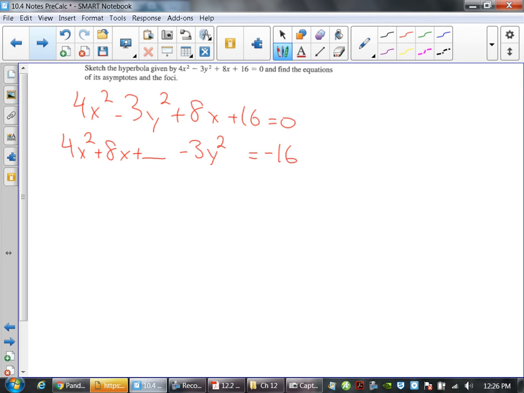There's a 4. So what do I do? Take it out. I don't have to worry about anything with the 3y squared because there's no y term. I don't need to worry about it at all. I took out a 4. I have to put a 4 back in times something.